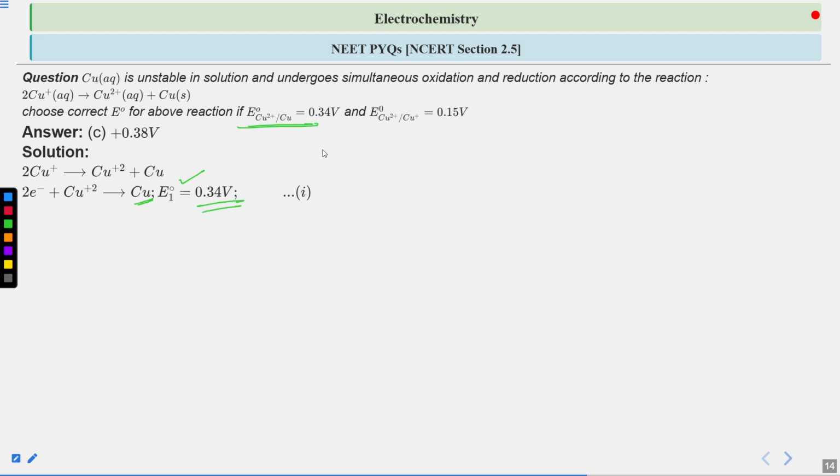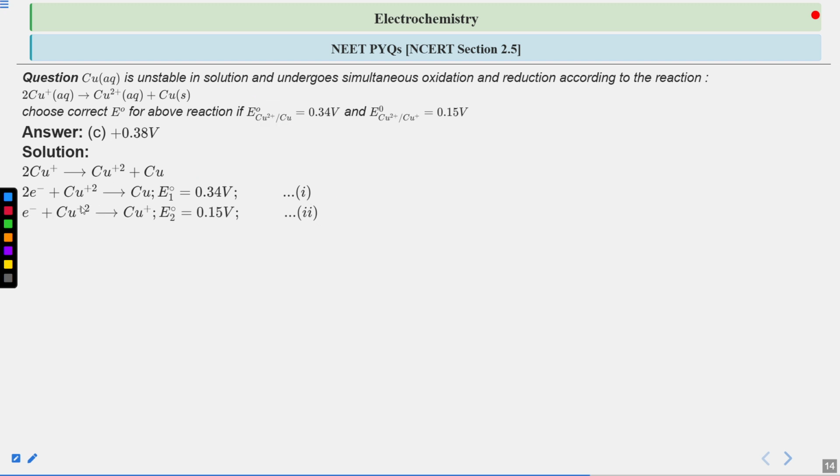So we have written this reaction by using this E naught. This conversion of Cu2+ to Cu by gaining 2 electrons has the E naught value marked as E1 naught equals 0.34 volt. Let's say this is the first equation.